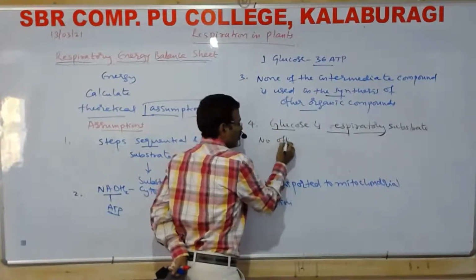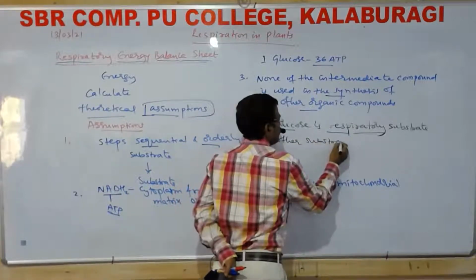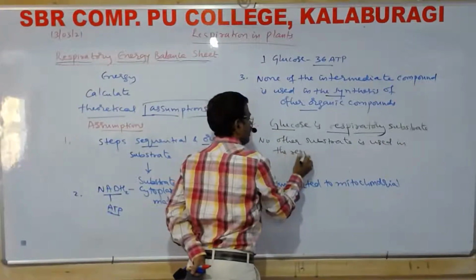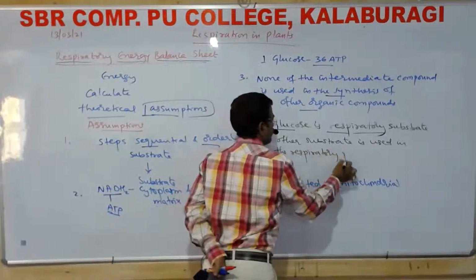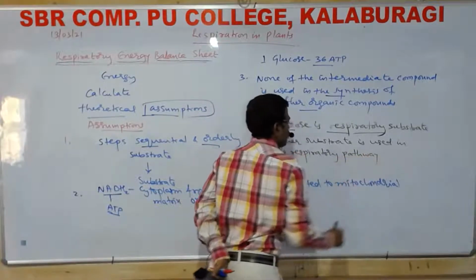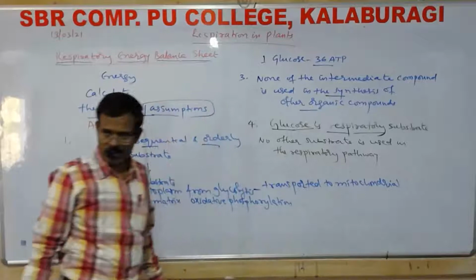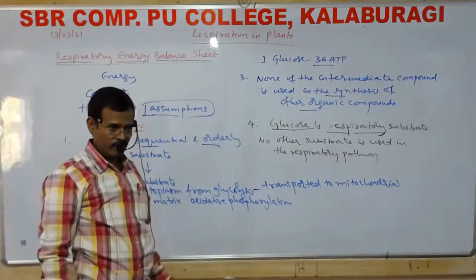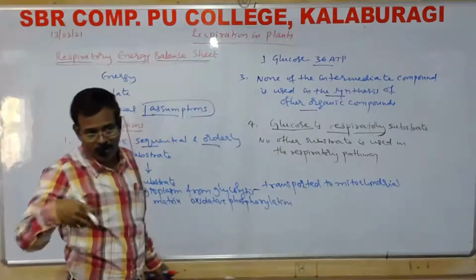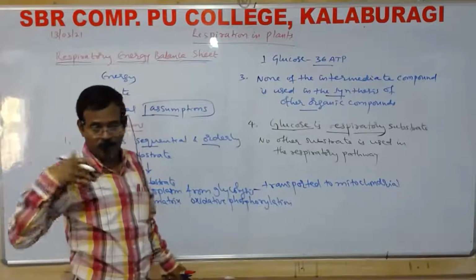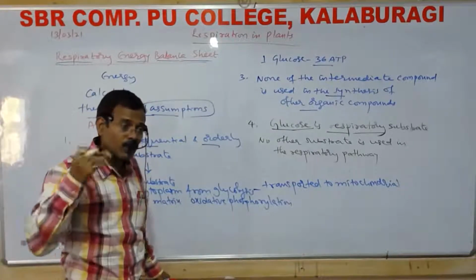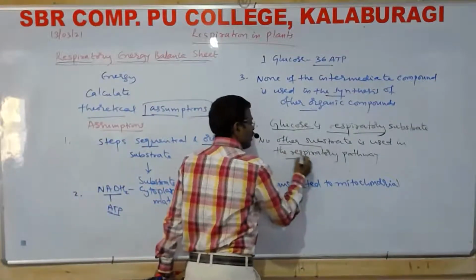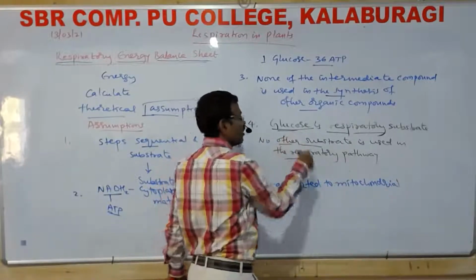No other substrate is used in the respiratory pathway. Usually glucose is used as a respiratory substrate. Other kinds of substrate do not enter the respiratory pathway. Other types of substrate, it can be fat or protein or organic acid, whatever it is, do not enter the respiratory pathway. So only glucose is used as respiratory substrate.